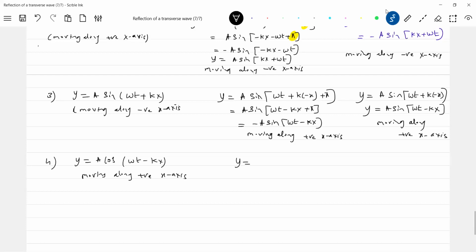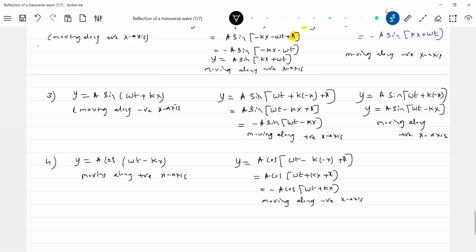Then after reflection from a rigid one, cos of theta plus phi, minus cos theta. Now from free end we'll see what we'll get.